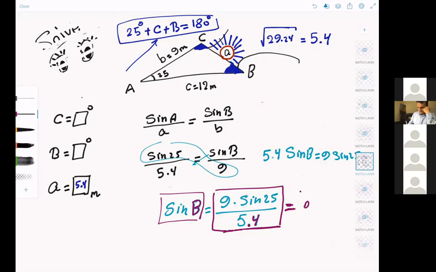Zero point 7434950. Okay, let's leave it at 0.74.